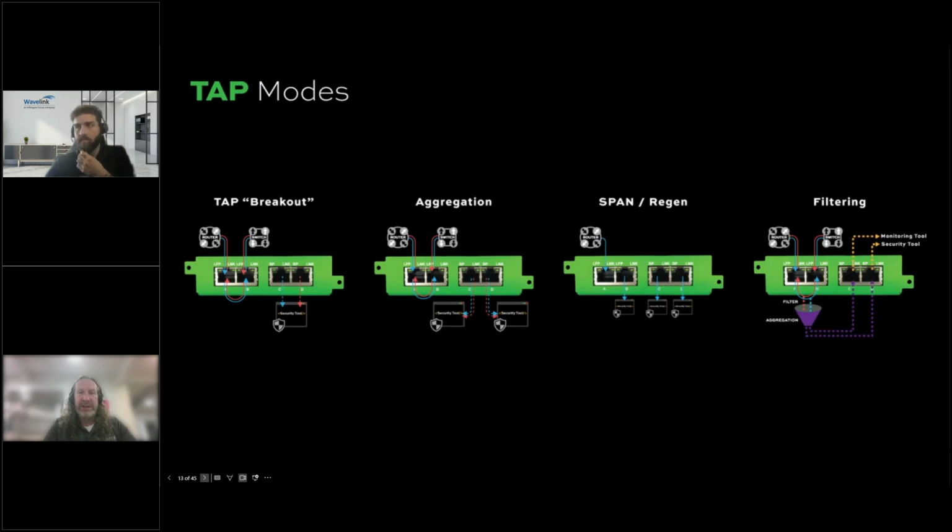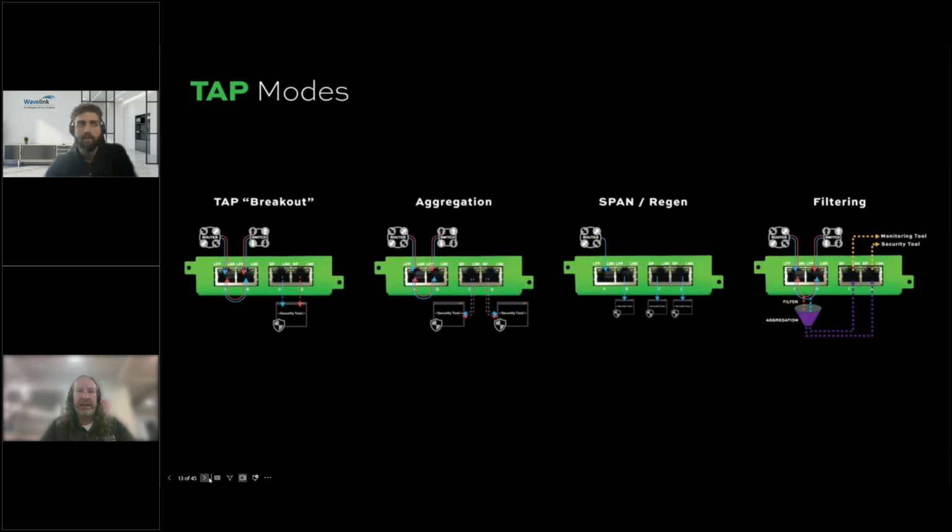But the nice thing about OT environments is a lot of times we're dealing with lower bandwidth solutions. So this is where we can use aggregation. So a simple example of combining the two directions of the conversation at a single monitoring port. And then we talk a lot about span versus tap.